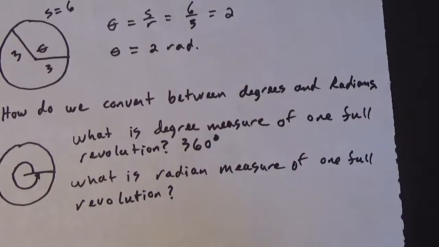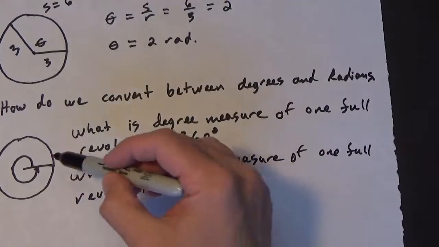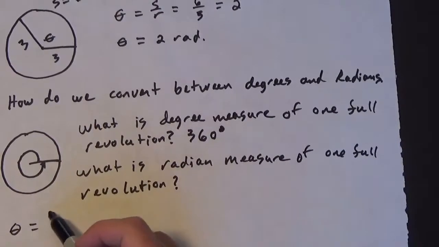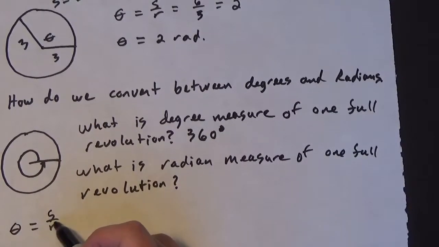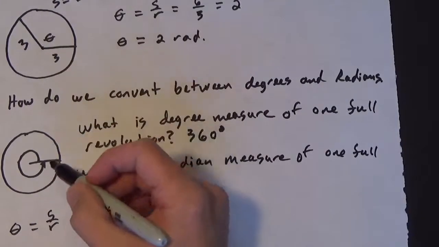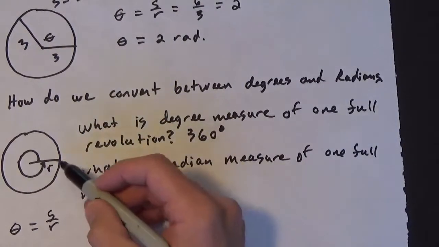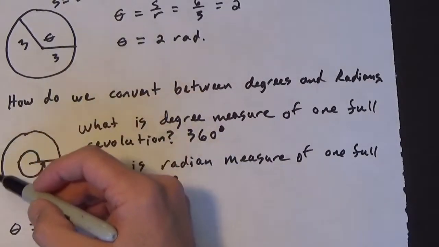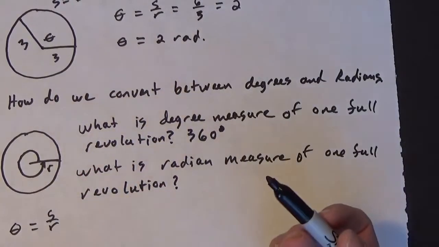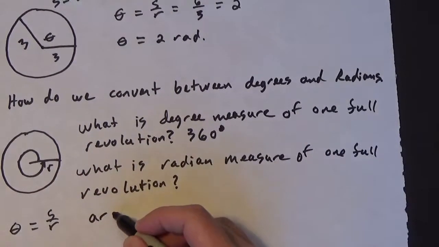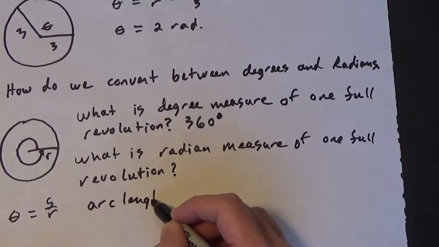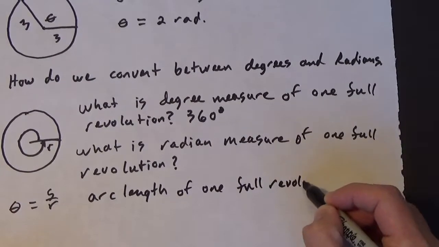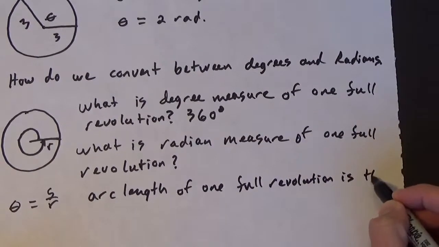Now that one we don't know automatically, so let's think about this. We know that theta is s over r. So we'll give this circle a radius of r, and s is the arc length of one revolution. The arc length of one full revolution is the circumference.